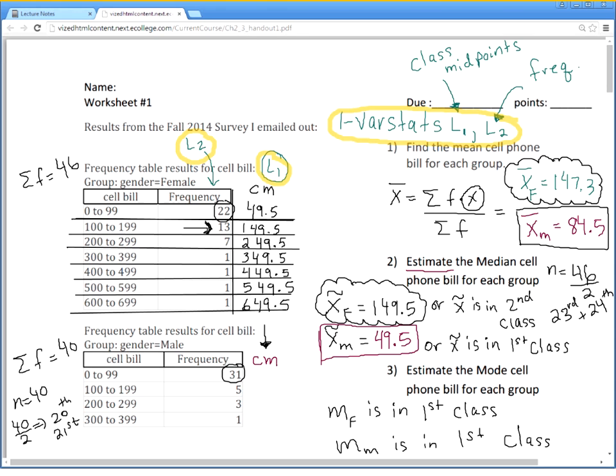So in this case, it looks like the mean cell phone bill for females is much higher. You're looking at $147.30 compared to the men's mean cell phone bill, which is just $84.50. And the median for females is also much higher than the median for males.